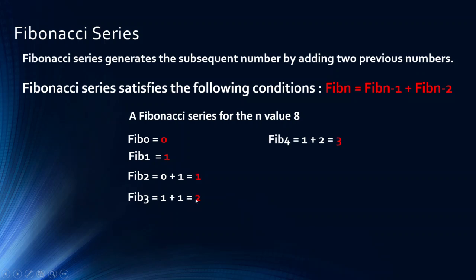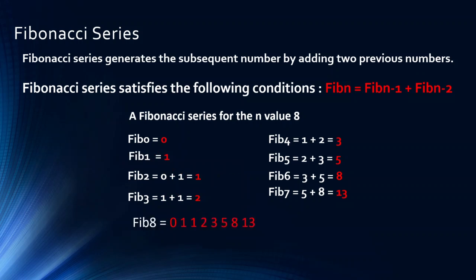Then 1 plus 2 equals 3. Then 2 plus 3 equals 5. Then 3 plus 5 equals 8. Then 5 plus 8 is equal to 13. So this is the Fibonacci series: 0, 1, 1, 2, 3, 5, 8, 13. This is the way we find the Fibonacci series.